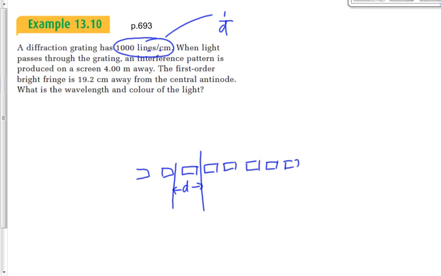If you ever see a diffraction grating and it's got 1,000 lines per centimeter or 1,000 lines per meter or 500 lines per centimeter, it's not D. Okay, it's not D, but it's 1 over D. So we can find D pretty easily there. All right, let's read the rest of the question. When light passes through the diffraction grating, an interference pattern is produced on a screen 4 meters away.